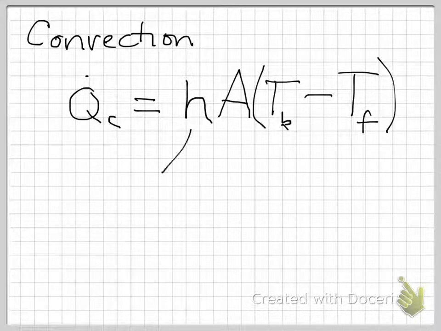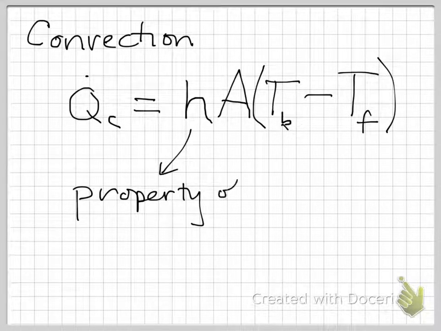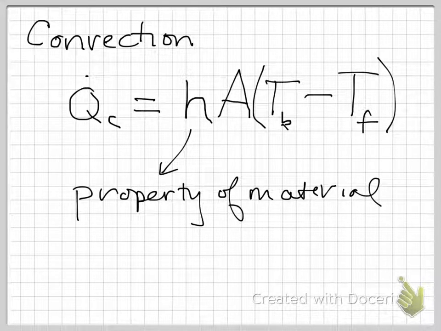And h is a property of the material or surface, and we can look that up. And that's convection. So now we have three different equations for our different ways of transferring heat from the system to the surroundings or vice versa.